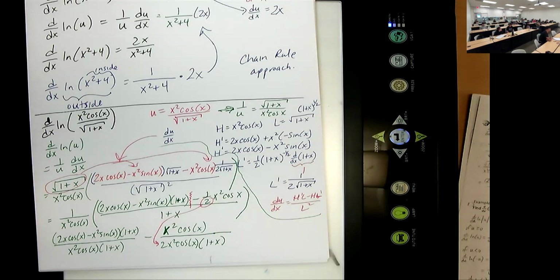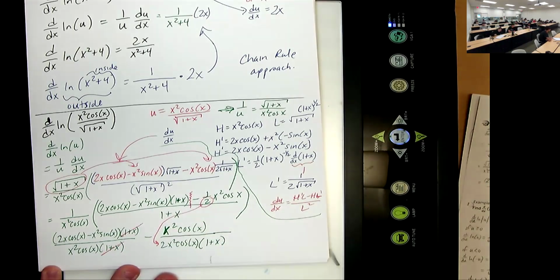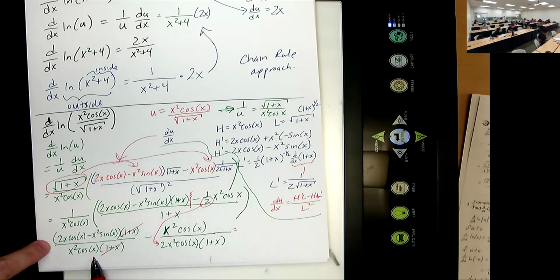Okay, so on the left one, the 1 plus x cancels. And if I separate this part into 2 fractions, I have 2x cosine x over x² cosine x.